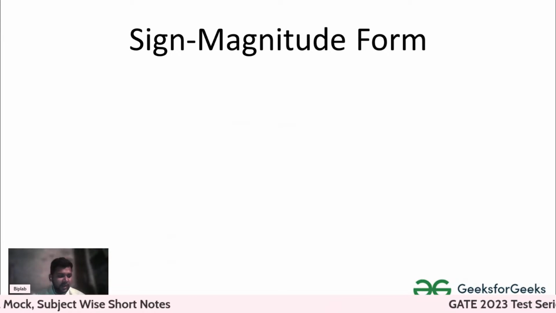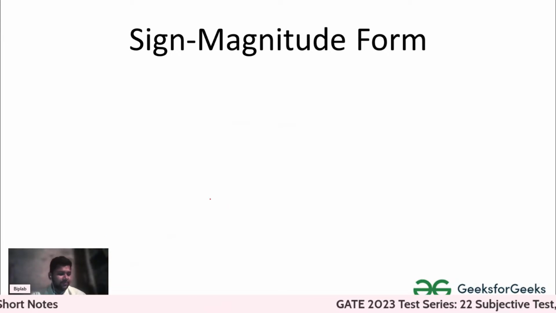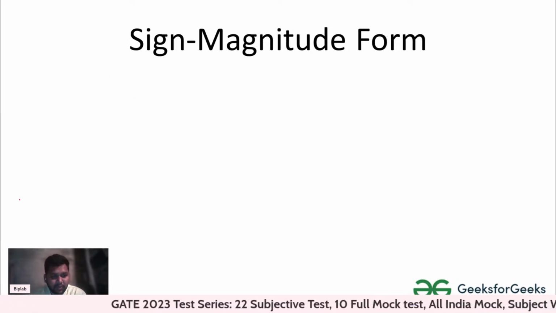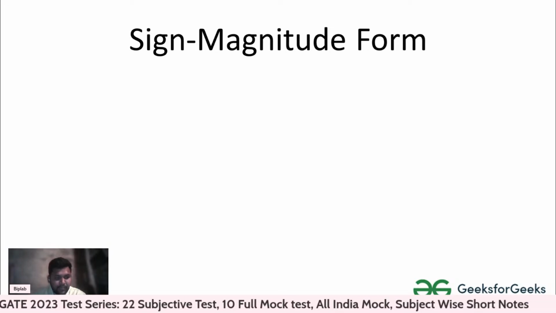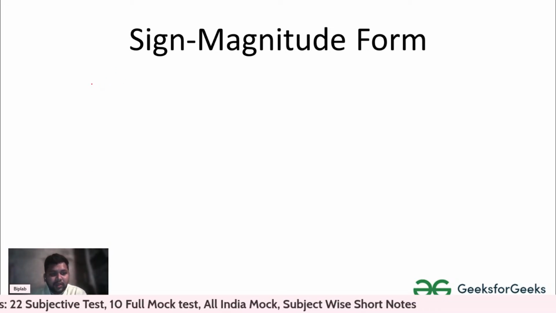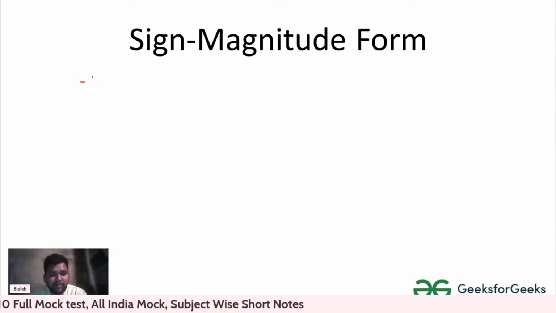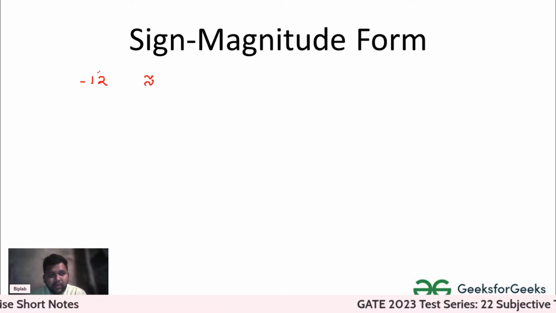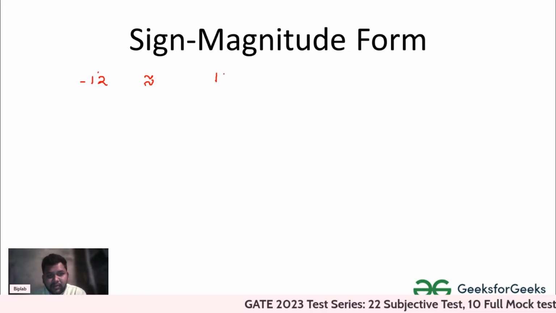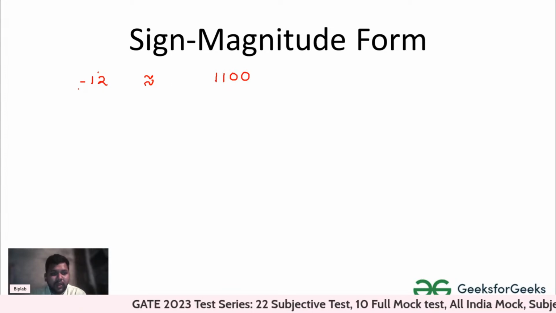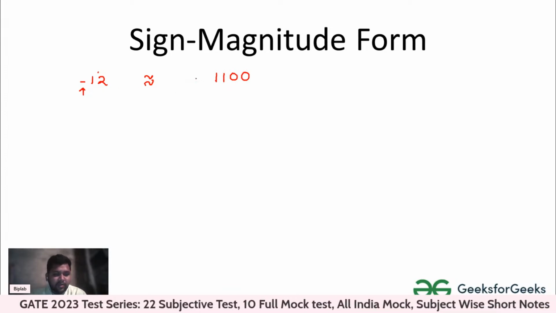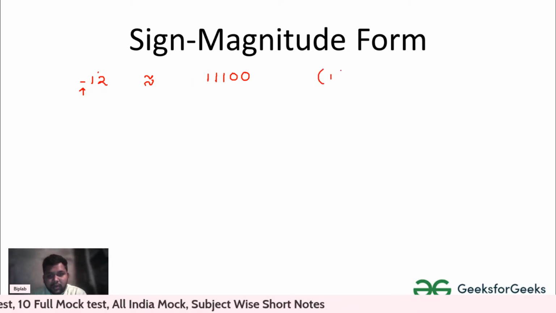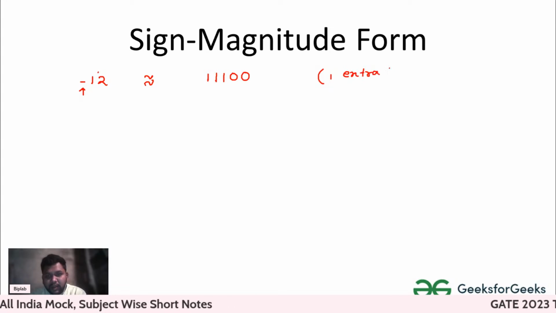First one is sign magnitude numbers, which is the simplest one. Let's say we have the number minus 12. You convert 12 as an unsigned number, that is 1100, and to represent the minus you append another 1 here. So you need one extra bit.